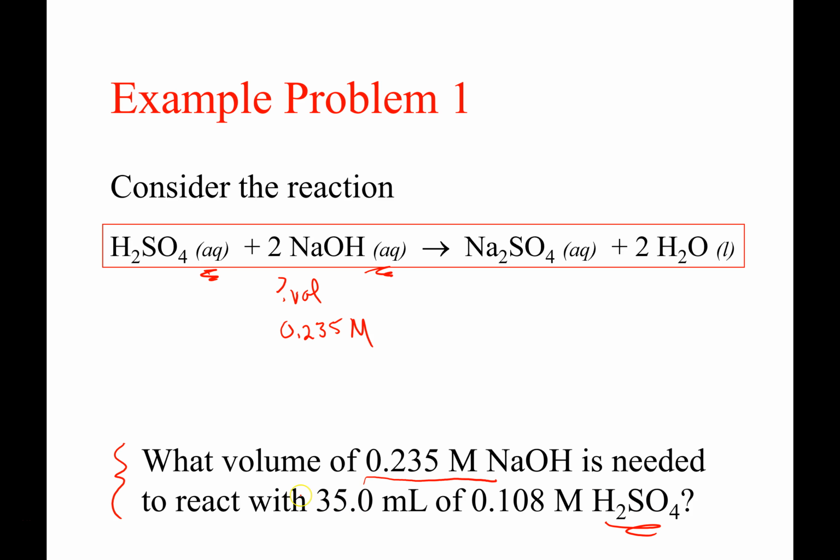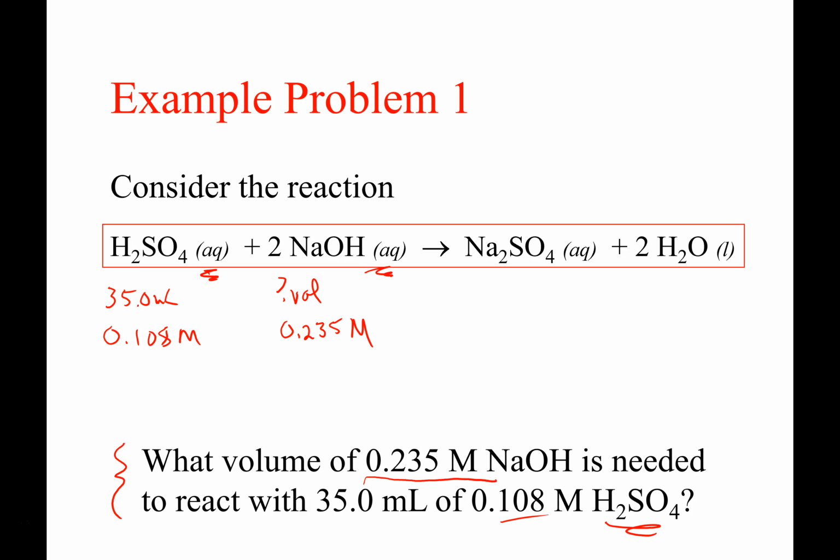With regard to H2SO4, I have 35.0 milliliters, and the molarity of my H2SO4 is 0.108 molar. And I always tell students, of those two, H2SO4 and NaOH, of course we know more about the H2SO4.